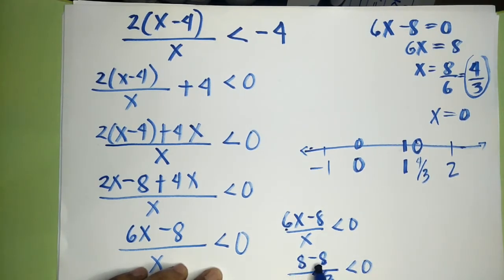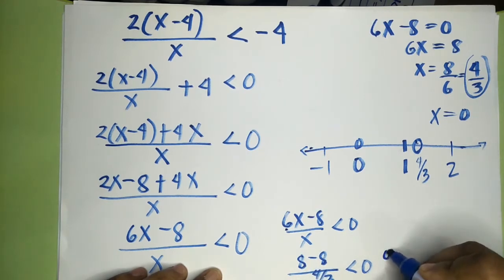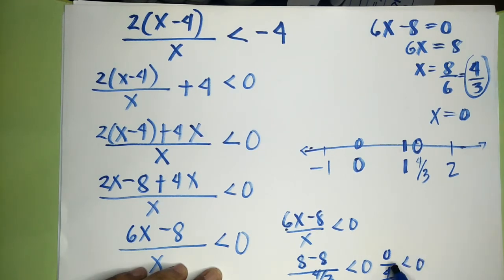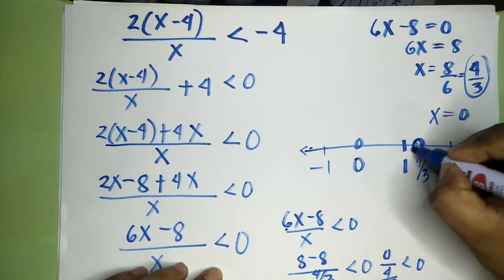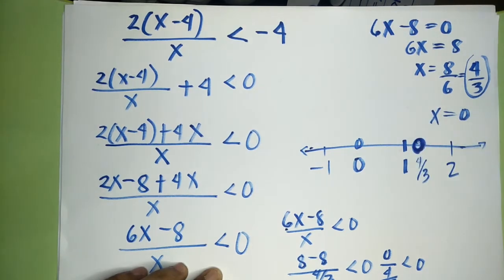So, 8 minus 8, that is equal to 0. So, 0 over 4/3 is less than 0. So, kapag ang numerator natin ay 0, divide by any number, maliban sa 0, hindi siya less than kay 0. So, ibig sabihin, hindi kasama ang ating 4/3 sa ating value. So, iwan siya na open circle.